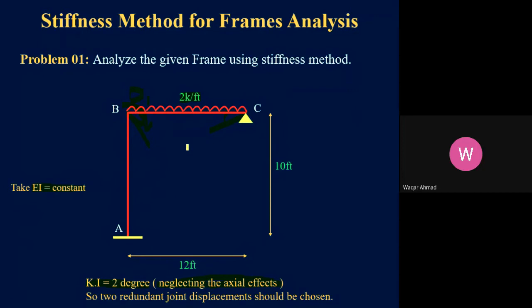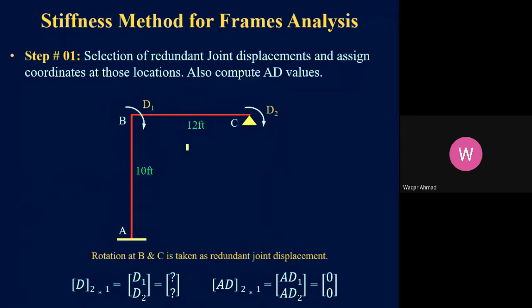Okay. Now, in the next step, we specify these displacements by D1. The first displacement, the first rotation, by D1. This is now our first unknown, and the second rotation by D2, which is now our second unknown.